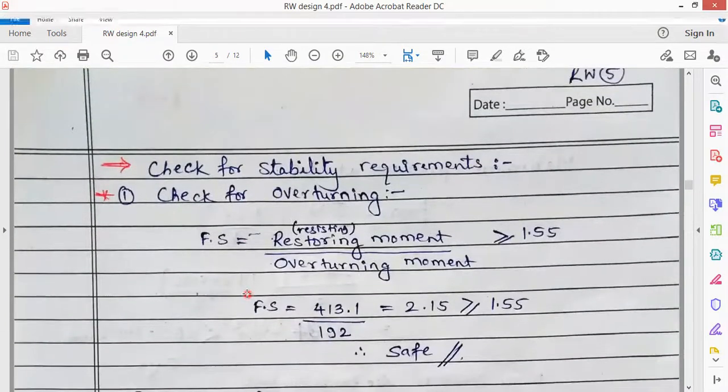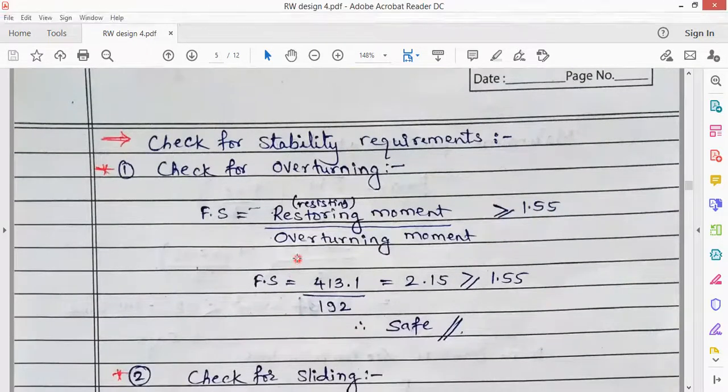After this we will start with the check for the stability requirements. The first check for stability is check for overturning. Factor of safety is equal to resisting or restoring moment divided by overturning moment. We need to calculate this, and this value should be greater than or equal to 1.55.